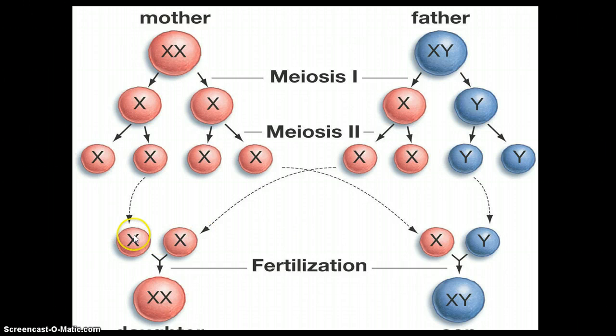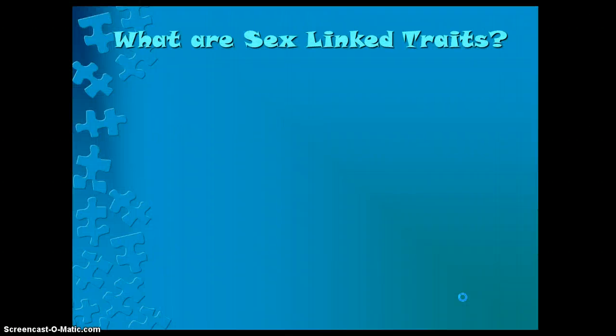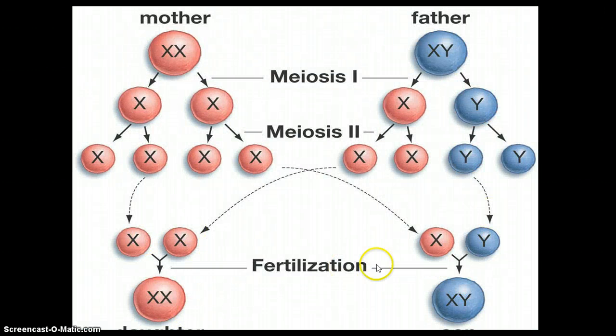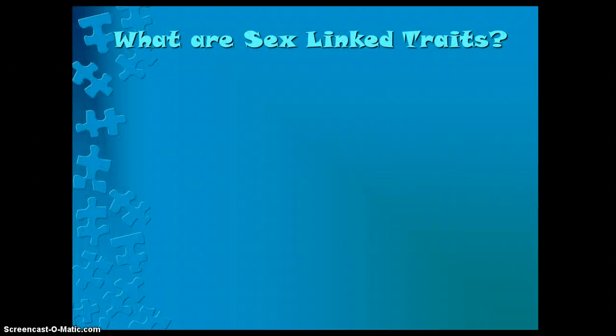Now, if an X and an X meet, then we have a girl, but if an X and a Y meet, we have a boy. And this happens during fertilization, when sperm and egg actually meet to form a zygote.